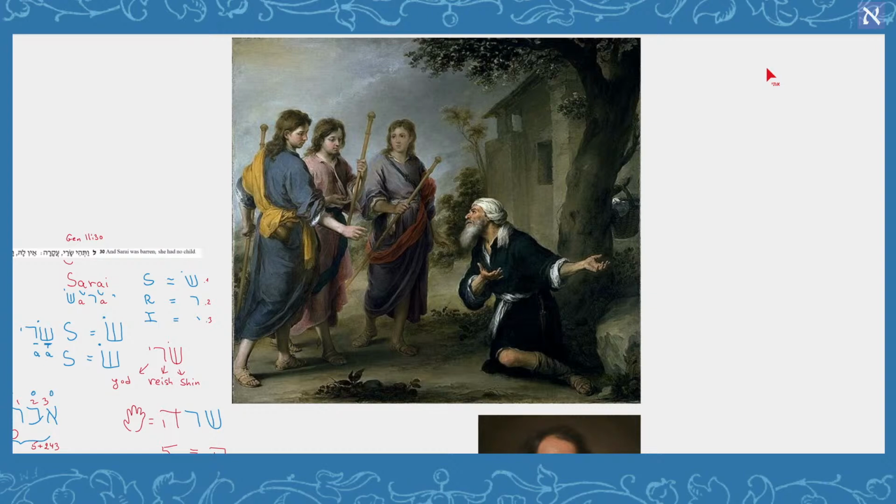So I turned and came down from the mount, and the mount burned with fire, and the two tables of the covenant were in my two hands. When I read it, I found it very interesting, because it speaks about these two tables of the covenant in the two hands of Moses, and I couldn't help thinking about the 10 fingers we have.